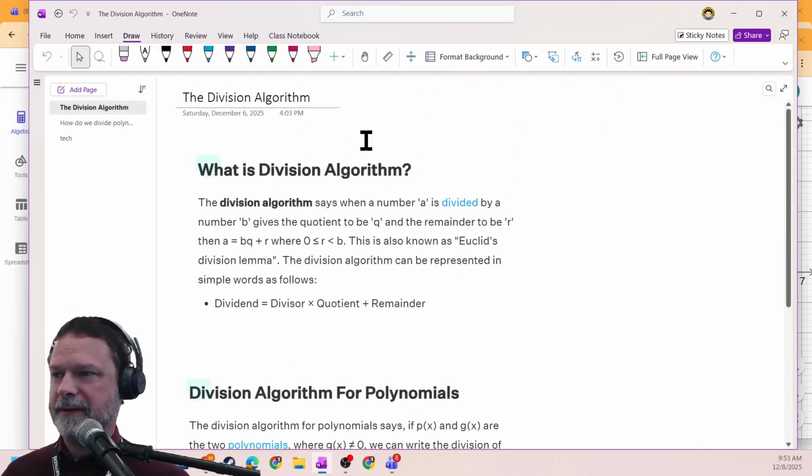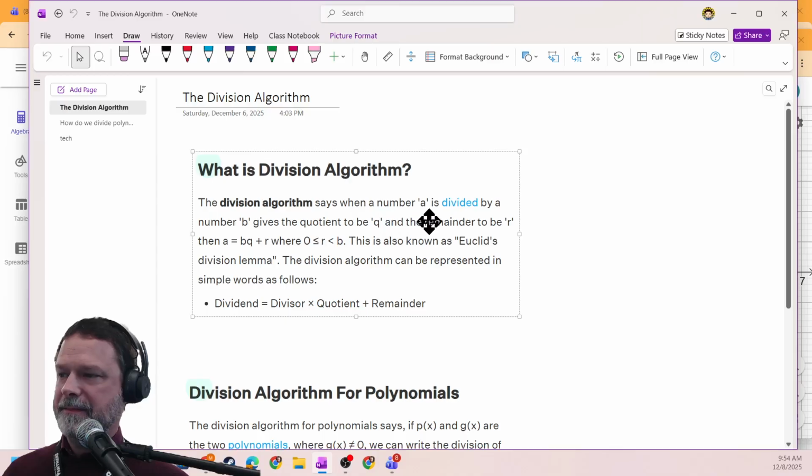So the division algorithm for long division is: when a number a is divided by the number b, gives the quotient q and the remainder r, then a equals b times q plus r, where the remainder can equal 0 or be less than b, right? It's always less than. Our remainder is always smaller than what we divided by.